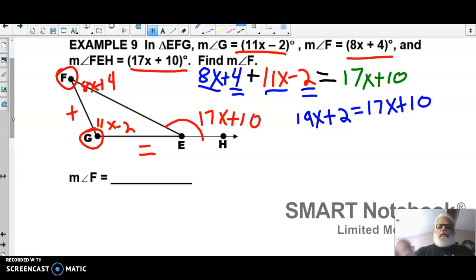And then I'm going to go ahead and move my x's to the left. So I'll do minus 17x. Minus 17x. That's gone.